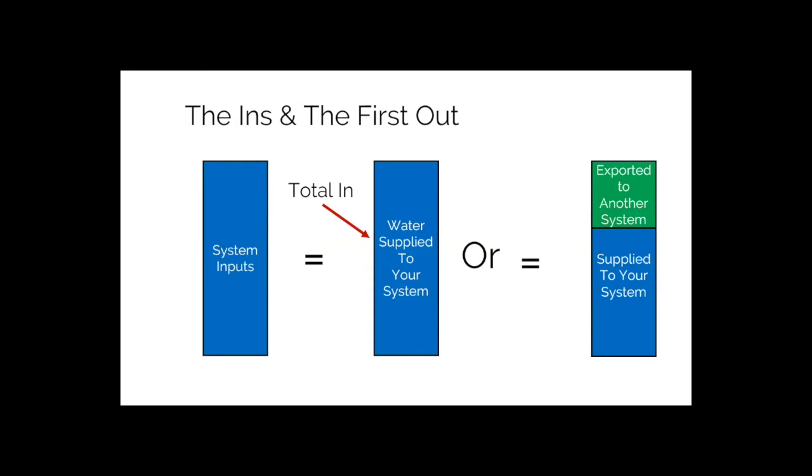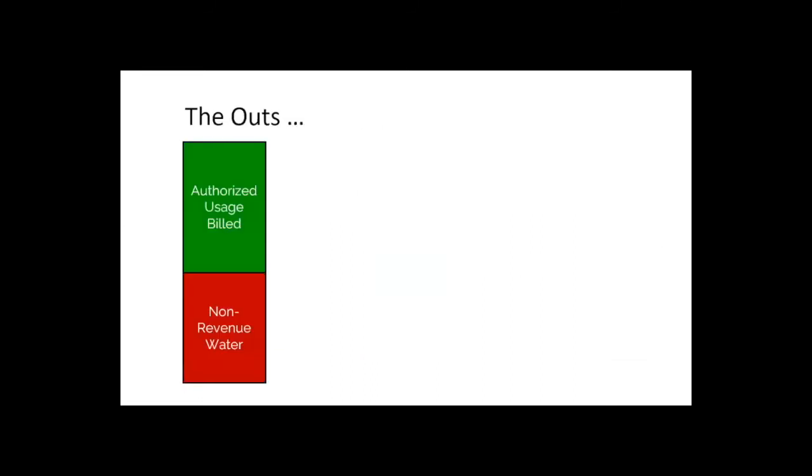So this export water needs to be accounted for in your calculation, so it doesn't look like it's going to your water system. So it asks you if you export any water, and if so, how much. Then the rest of the water is going out of your system. So the outs look like your distribution system, and where is it going? So it's either going to make you money or it's not.